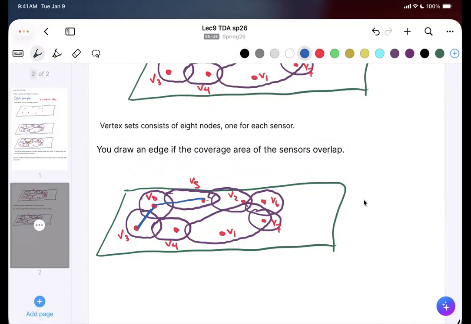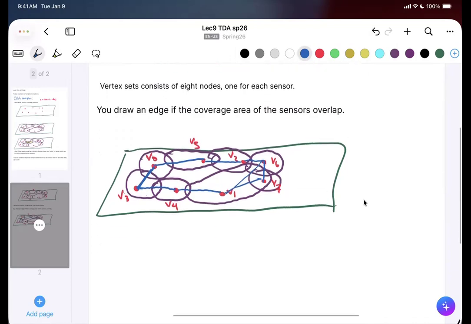Same goes from V5 to V2. Same with V2, V6. Same with V6, V7. V7 also intersects V1. V1 and V6 also intersect, because there's a big overlap there. V3, V4. And then V4, V1. Okay. So that's how all these edges look.